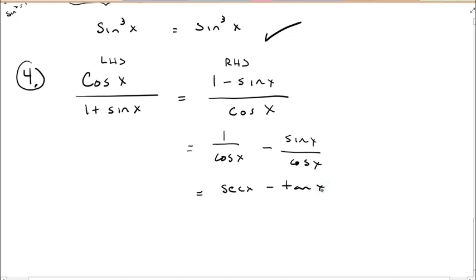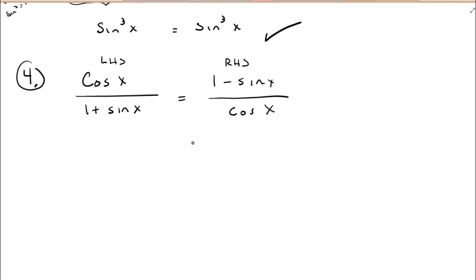And then you're looking at your left-hand side and say, well, that looks further away from what my left-hand side of cosine x over 1 plus sine x is than my original problem. And if that happens, then you go, all right, let me start over. I'm not getting anywhere by attempting that. And that is what is going to happen when you go to verify these trig identities. So here's another little trick.